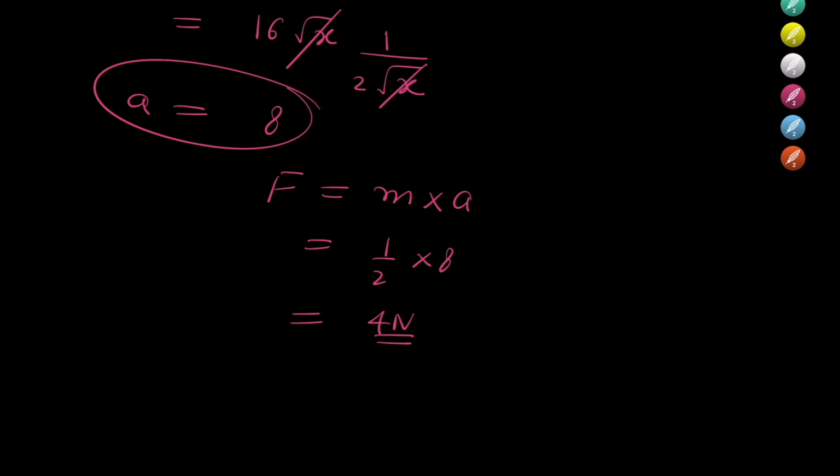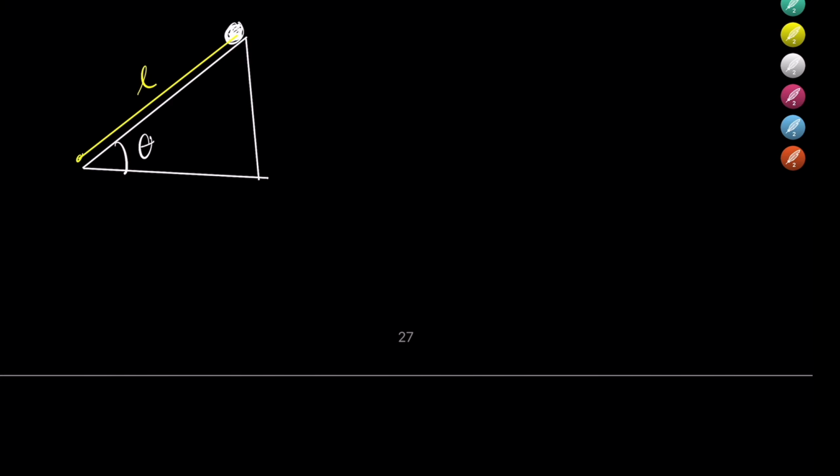Moving to the next question. You drop a particle from this point, it is sliding on an incline of angle theta. So after how much time will it cover this length L? How much time will it take to fall down?